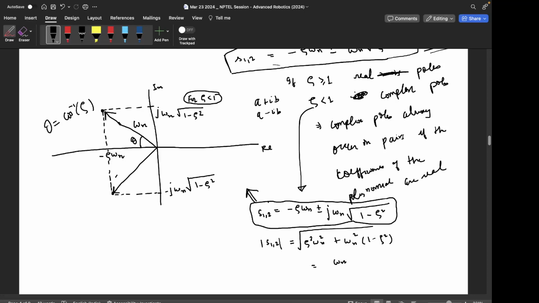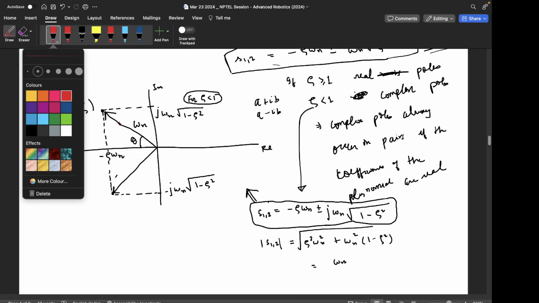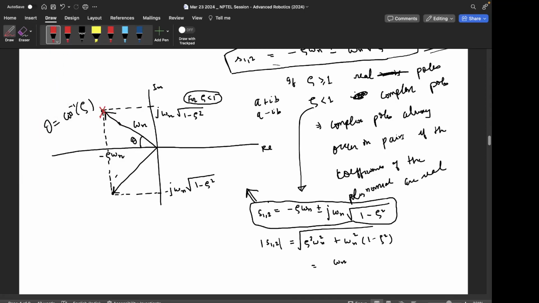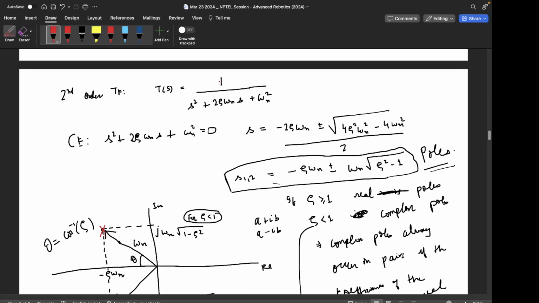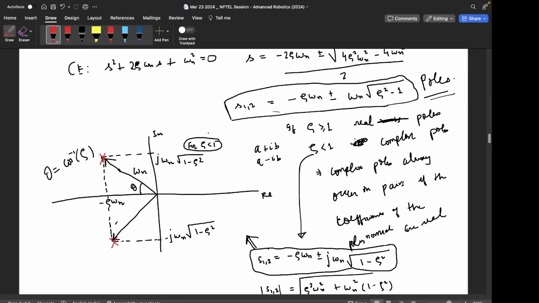So this is how the poles will look like, and as I told you before, we will denote poles using crosses. And this system does not have any zeros because the numerator is 1, right?